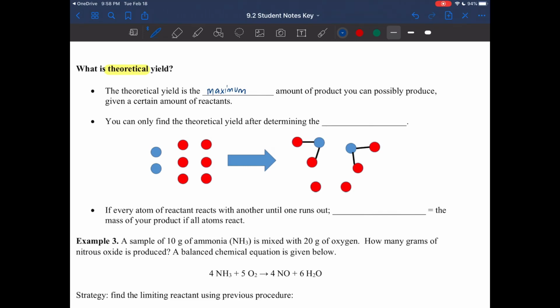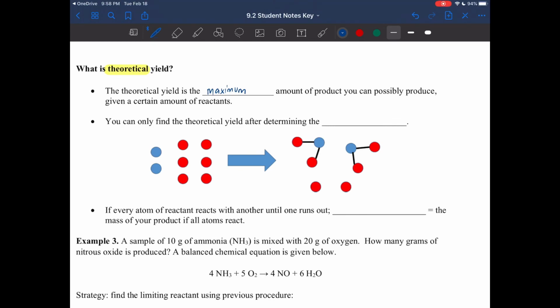So for example, maybe to make my ham sandwiches from before, I needed 2 slices of bread for every sandwich and 5 slices of ham for every sandwich. And let's say that I have 4 slices of bread total and I have 10 slices of ham total. So in theory, based on those ingredients, I can probably make 2 sandwiches.